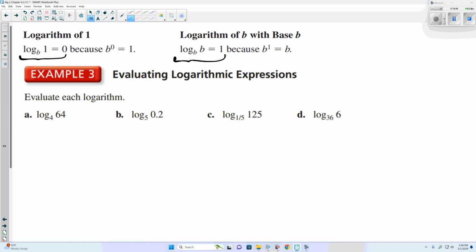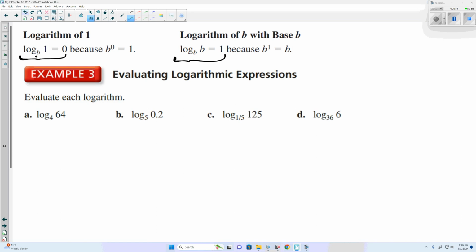Now, we can't take the logarithm of 0, so b can't be 0 or negative. We can't have 0 or negative with logarithms inside. It just doesn't work. So what's inside, or the base, also cannot be negative or 0. We can't have those.